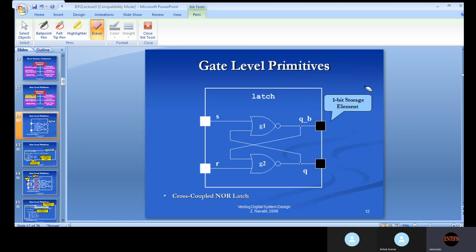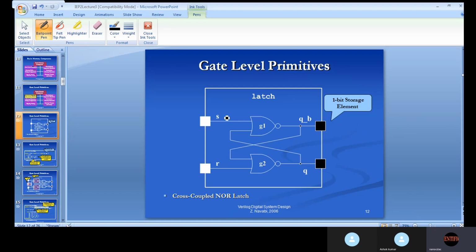Here in gate level primitives we can see a latch which doesn't have any clock. This is a cross coupled NOR latch. It is a 1-bit storage element, it can store a single data at a time.